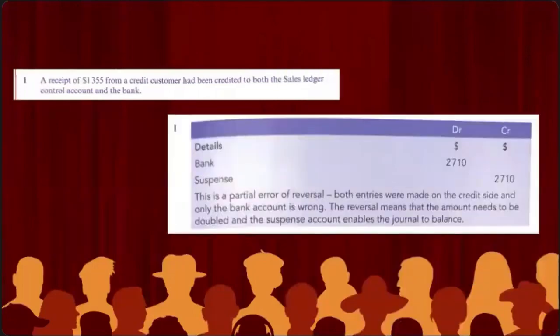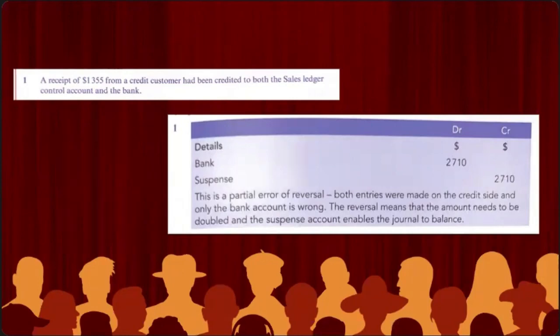First, a receipt of 1,355 from a credit customer had been credited to both the sales ledger control account and the bank. So the correcting journal will be debiting bank account and crediting the suspense account. A receipt received from a customer means it should have been debited, not credited.